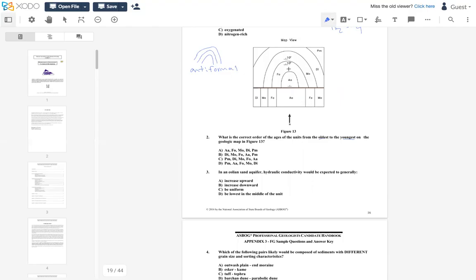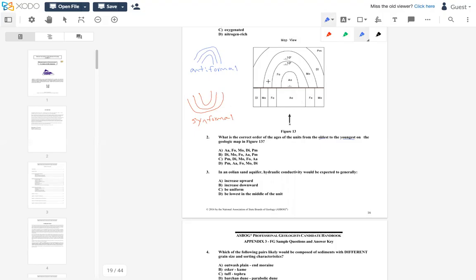And in another color, I know that structures that look like this, kind of poorly drawn, but I'm not an artist, are called synformal, because they have the structure of a synform, or a syncline, excuse me, and they have that convex downward appearance.